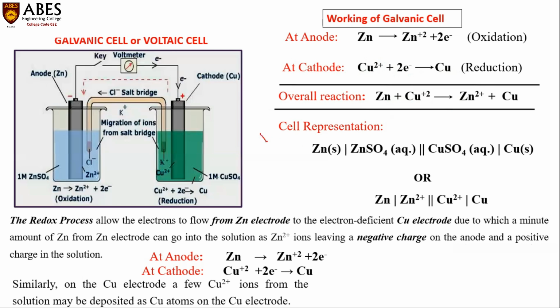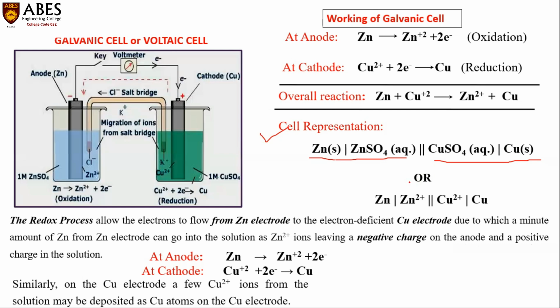Now, how can we represent the cell? As we know zinc is going to oxidize, so it will be written on the left side. And copper is dipped in the copper sulfate solution and it is going to reduce, therefore it will be written on the right side.